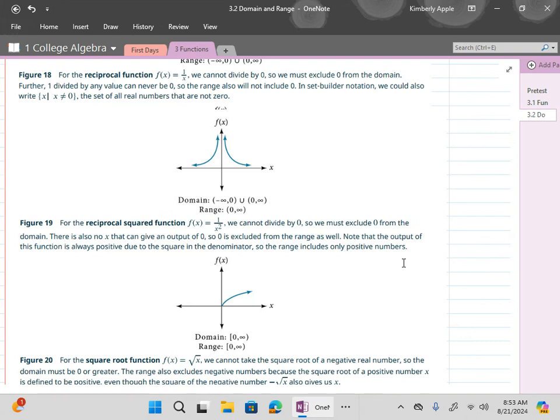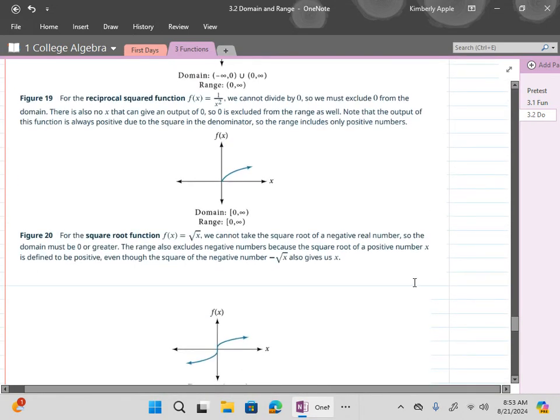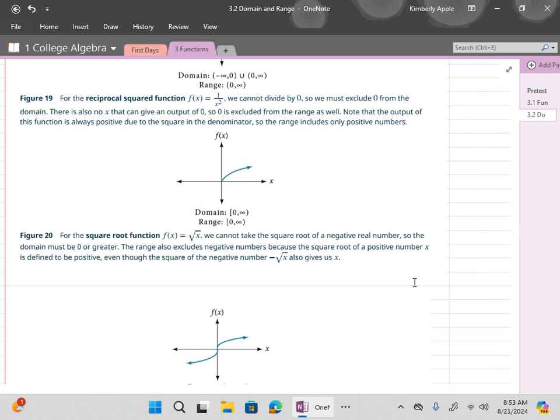Square root is really important because this is one of those weird ones that we have to look out for, just like something in the denominator. This is the other one. You can't have a negative number under the square root. So notice the domain: the only numbers that I can plug into this function without getting a negative number under here are clearly numbers that are positive or zero.